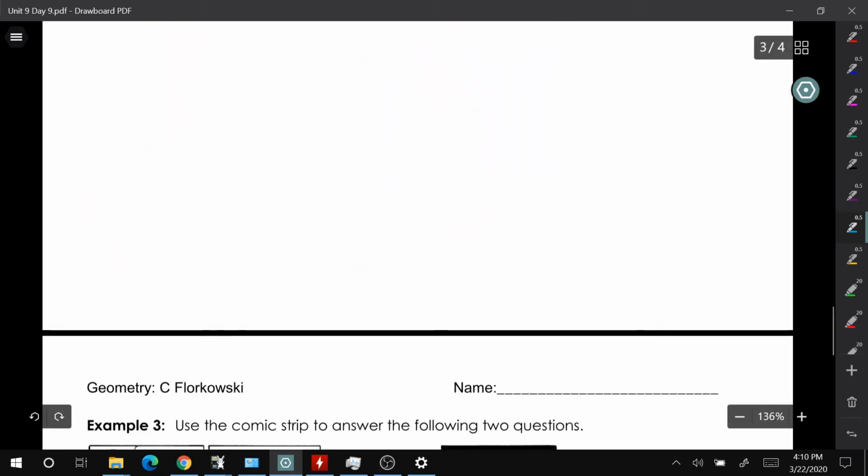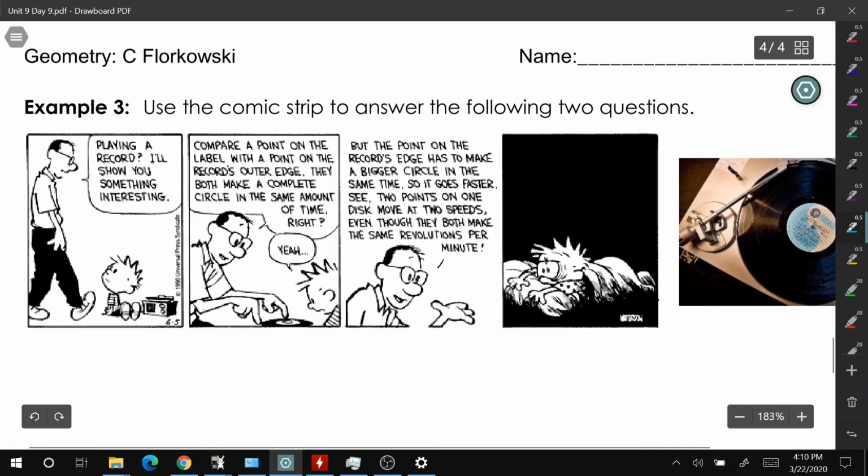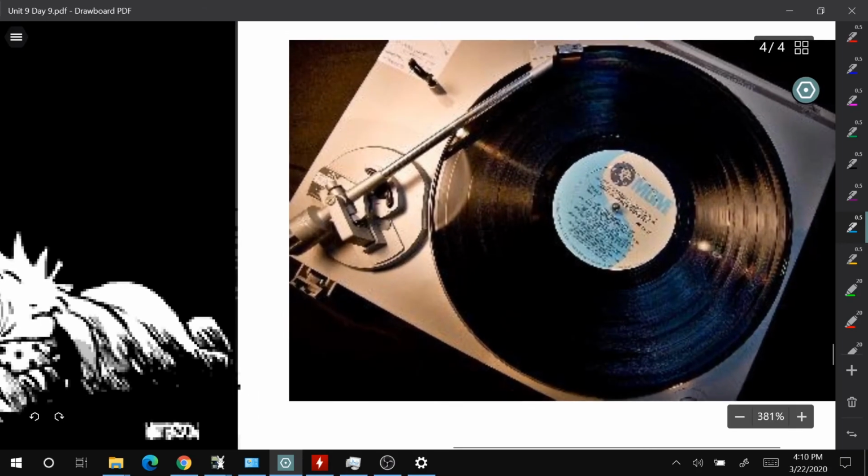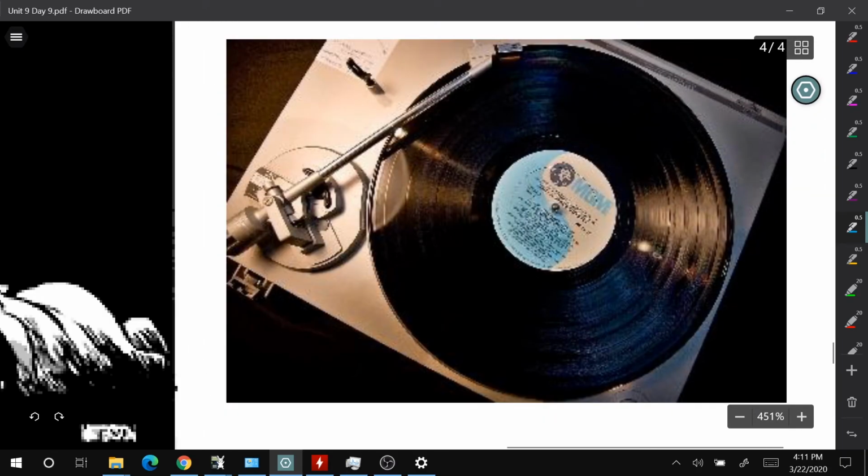All right, let's look at the next page. So this is from Calvin and Hobbes, my favorite comic of all time. And what they're talking about here, you have the notes, so you can read it. What they're saying is that if I pick a point here and a point here, this dot, the green one, has a much larger circle to go around than the blue one.